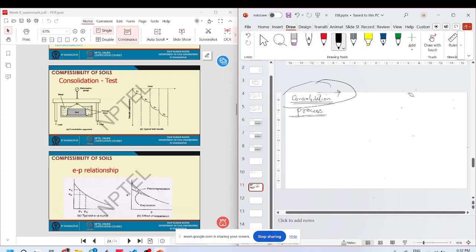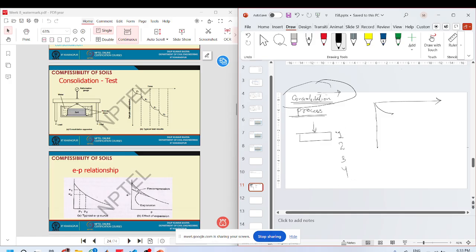And the assumption with our saturated sample is always that water is incompressible. So what you do is you load it, and then with time you see how the settlement takes place, and then you load it for almost 7 days.